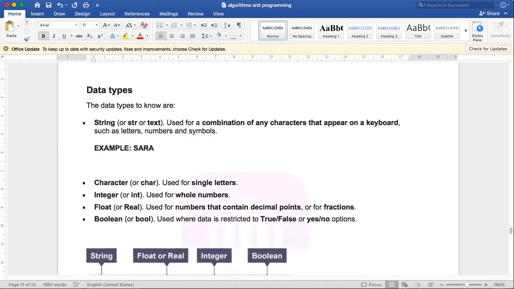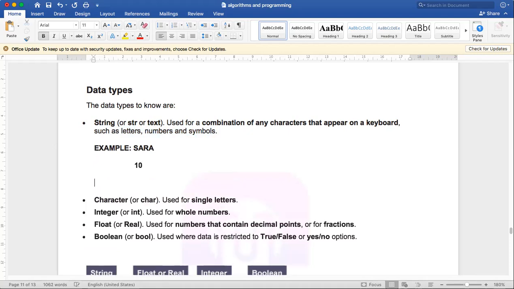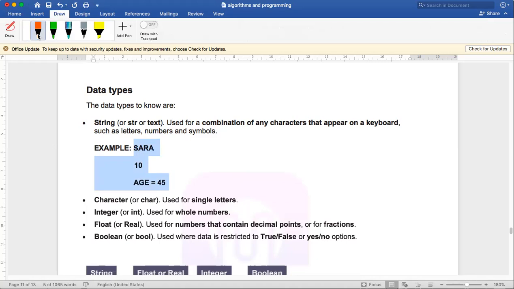Okay, let's suppose I'm writing a number 10, right? This is a value. Let's suppose I'm writing age is equal to 45. So all these data are considered as text.